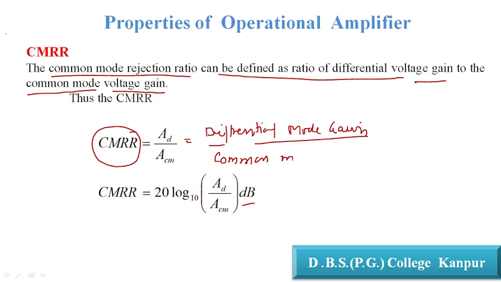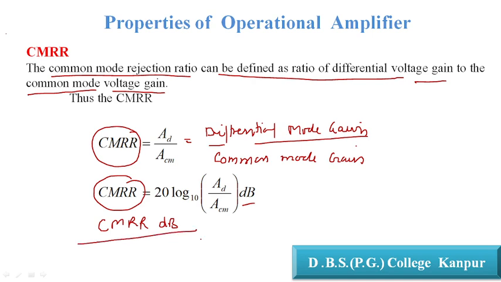If you are defining it in dB, CMRR in dB, decibel means deci bel. Clear?